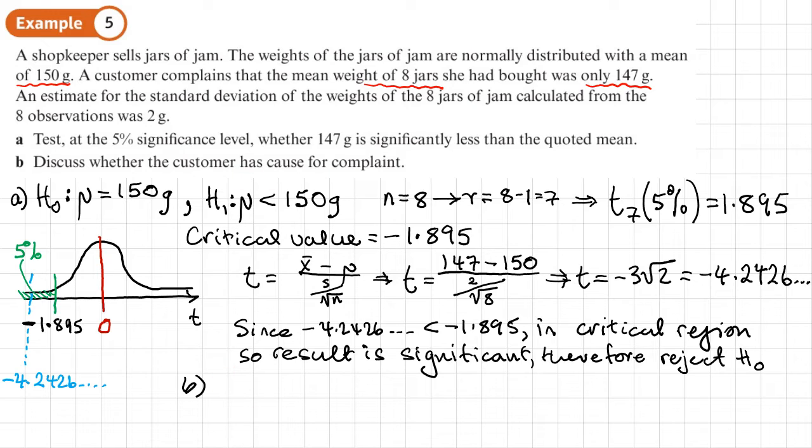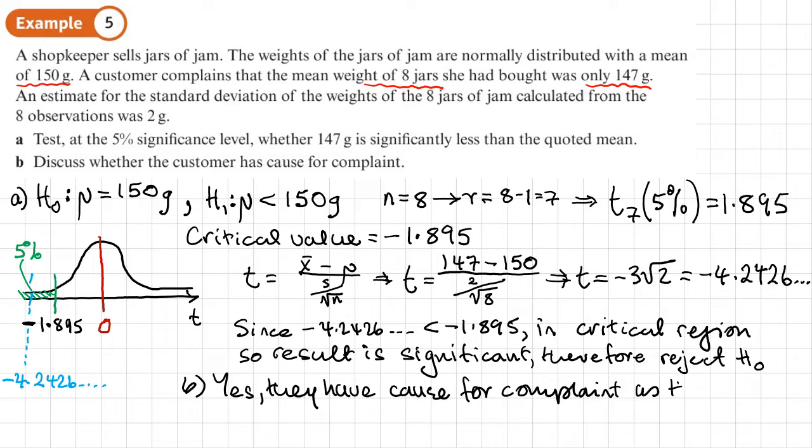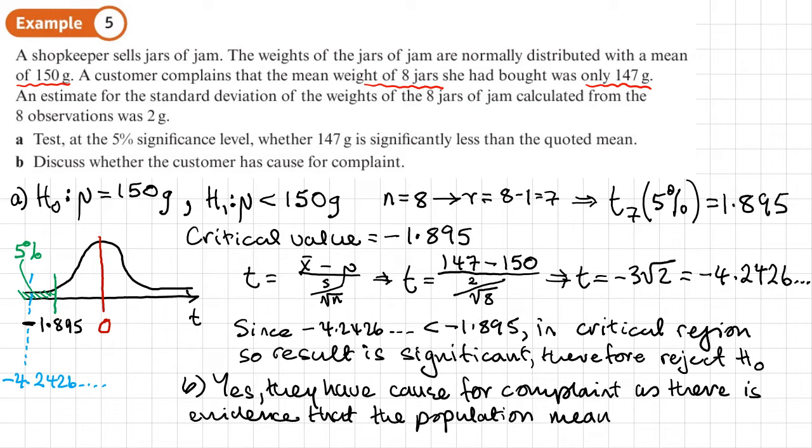And we will just write down, yes, they have cause for complaint, as there is evidence that the population mean, or mu, is less than 150 grams.